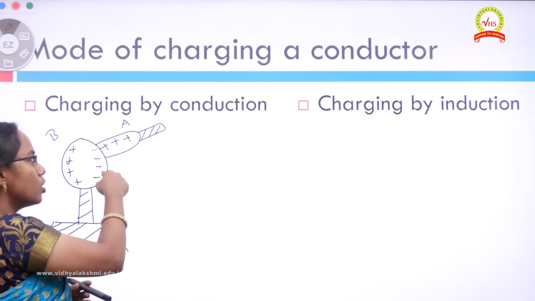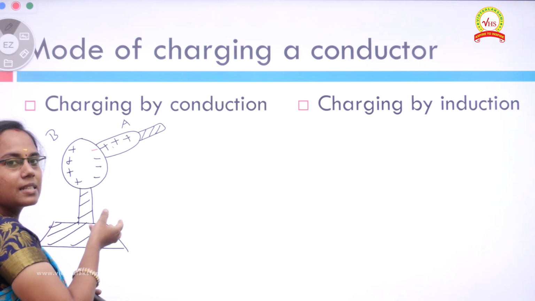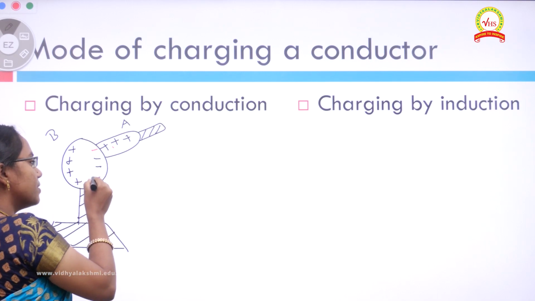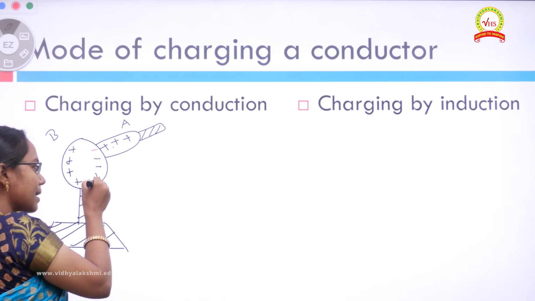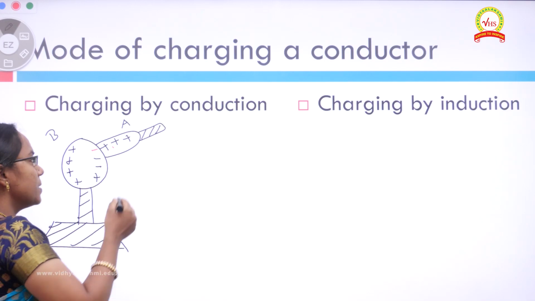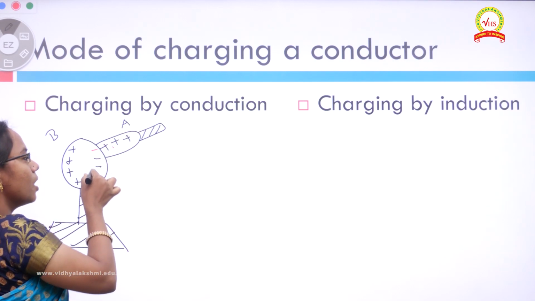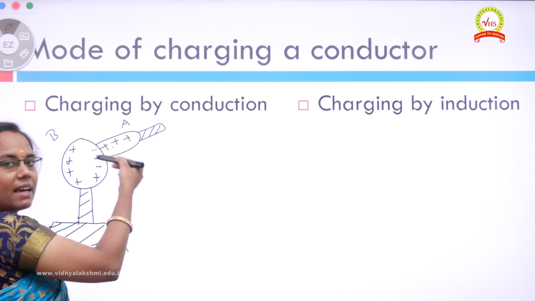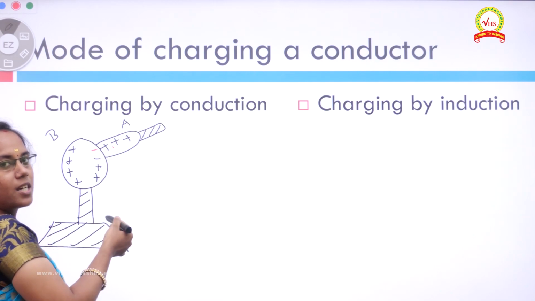If one electron moves from B to A, what happens in B? A void is created in B. For example, if this electron moves to A, then a void is created, which I am going to mark with a plus symbol. Similarly, another electron goes from B to A, creating a void in B, but the void in A will be filled, so that A becomes a positively charged object.